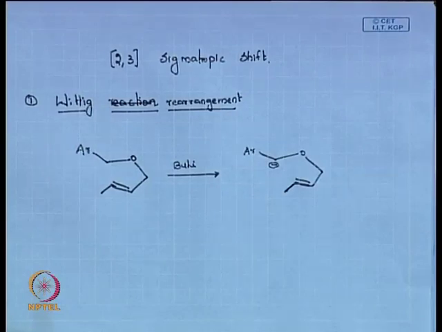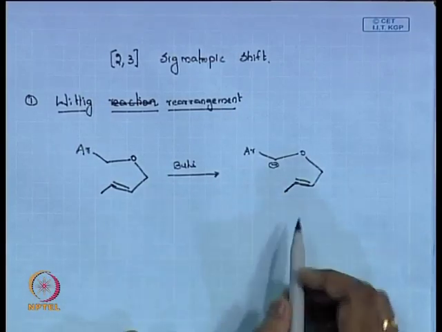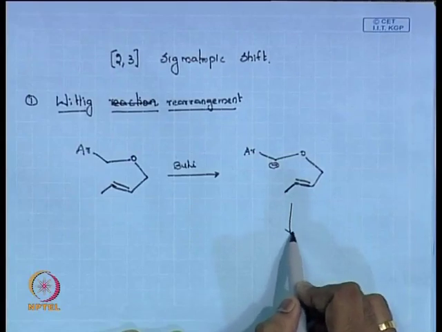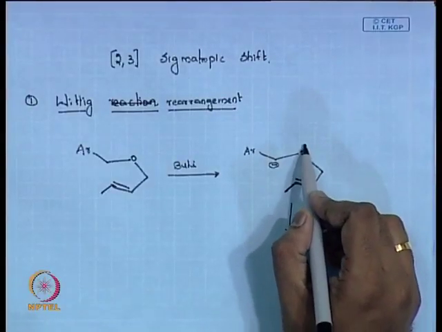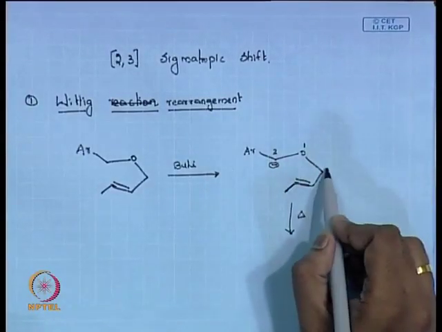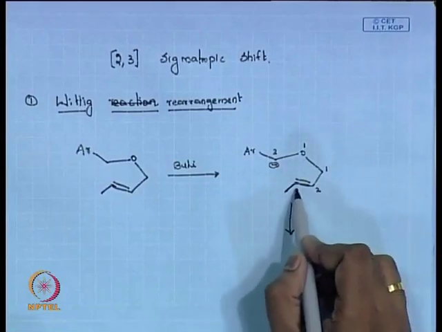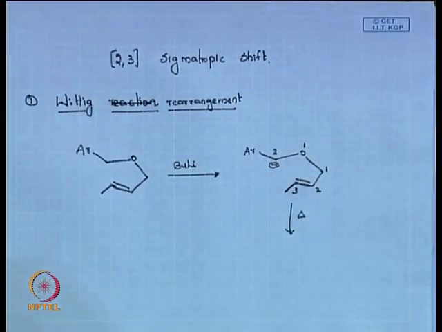Now what happens if I heat this? What can you observe if I heat this? Can I number this? 1, 2, 1, 2, 3. Fine.